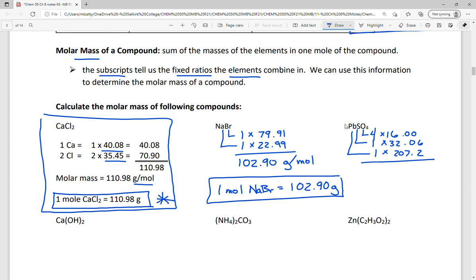Adding these up, and I do this on my calculator, so I didn't show my work here, you end up with a molar mass of lead 2 sulfate of 303.26 grams per mole. So that is the molar mass, but seeing it as a unit factor, that means that 1 mole of PbSO4 is 303.26 grams.